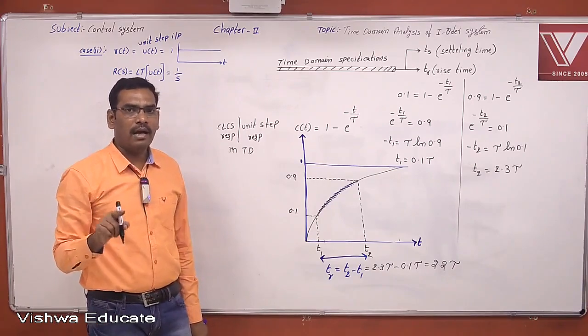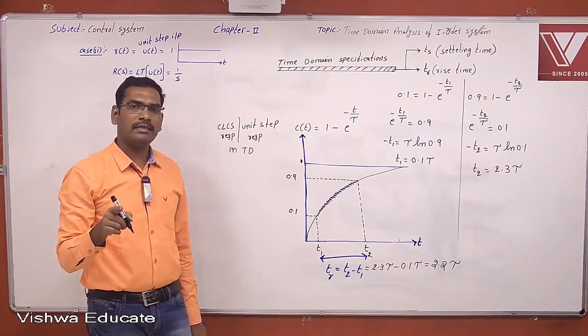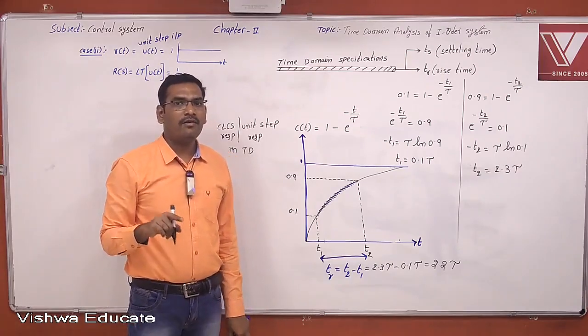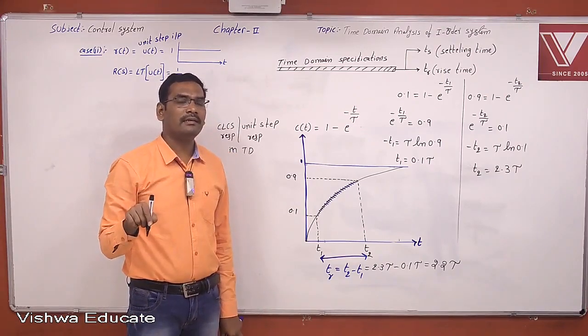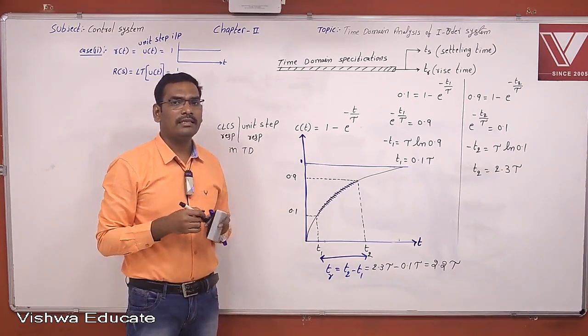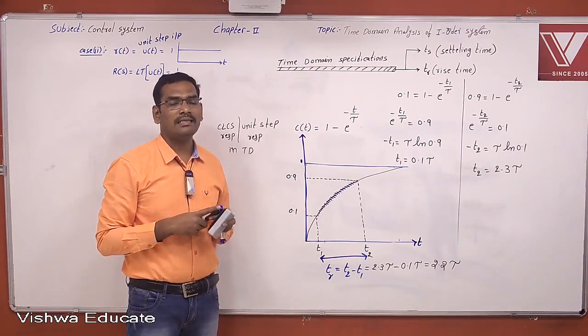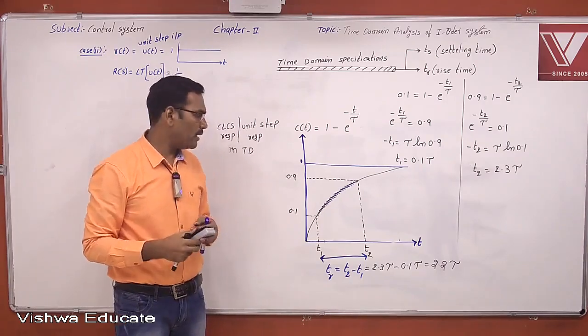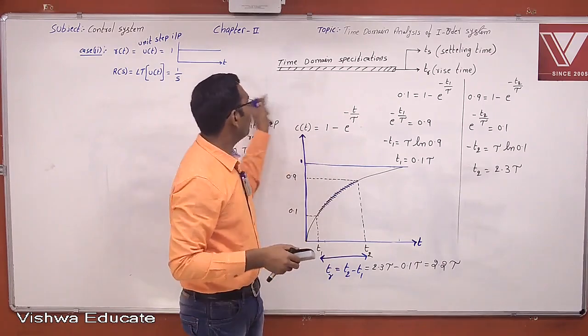RC network, R resistor, C capacitor, means which order? Yes, first order. Now for a first order RC network, what is the rise time? You already studied 2.2 times RC. Similarly, this is also a first order system.